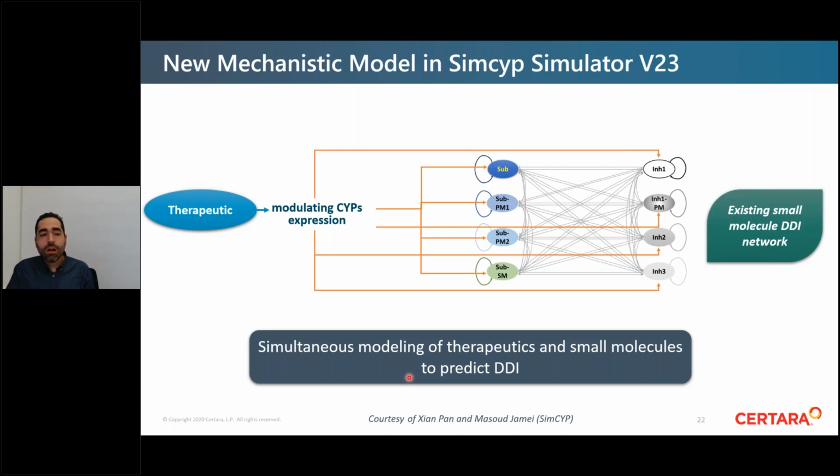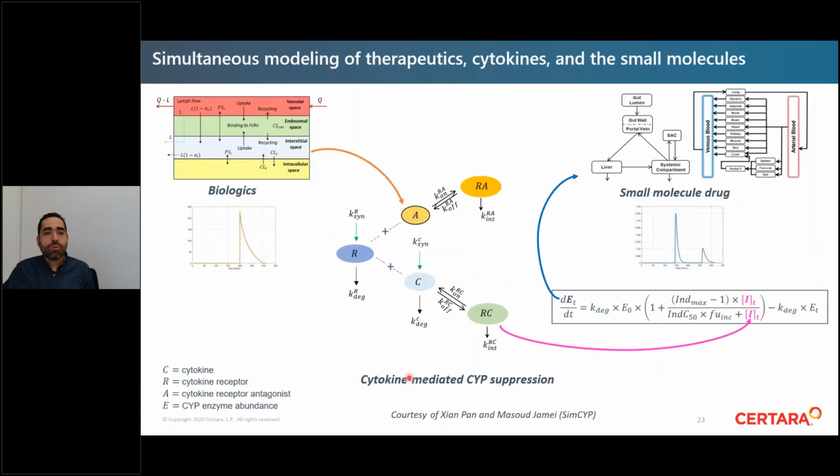In this tool, the objective is to simulate simultaneously the impact of the therapeutic protein on the small compounds through the modulation of CYP expression. Overall, the approach is to have this PBPK model for therapeutic protein and small compounds and take into account the cytokine modification and its impact on the PK of the small molecule.